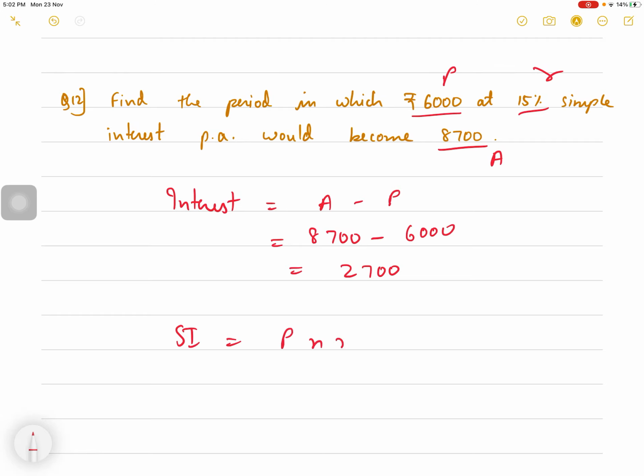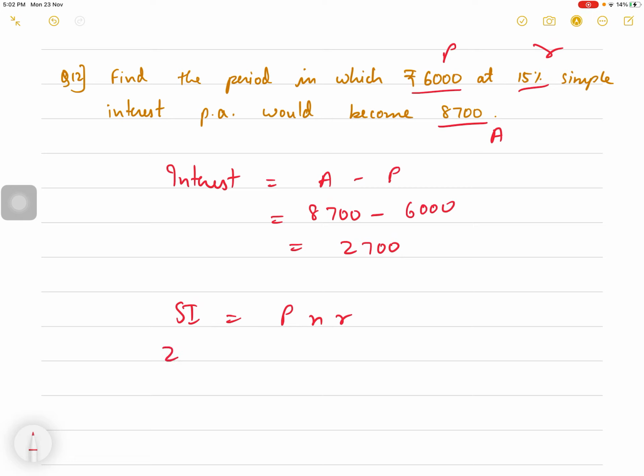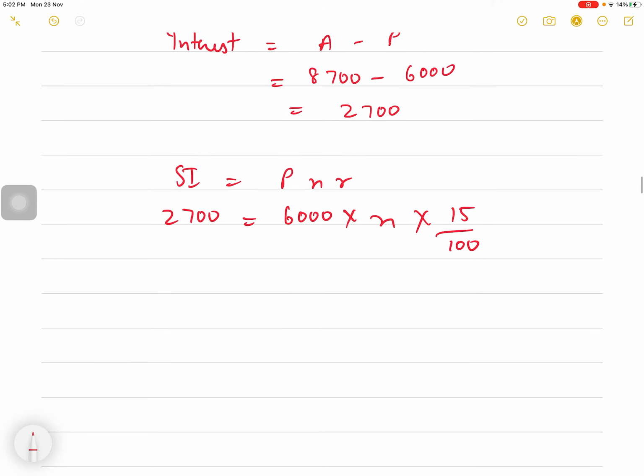Simple interest is equal to P into N into R. Okay, simple interest is 2,700, P is 6,000, N you need to calculate, and R is 15 upon 100.